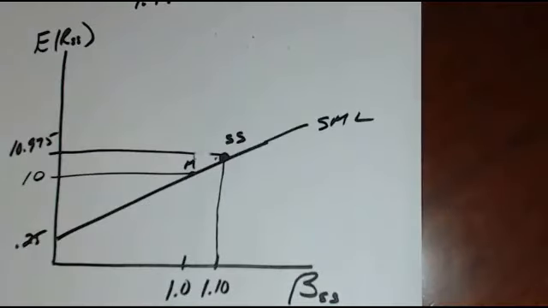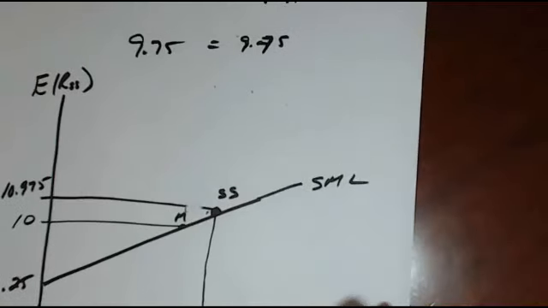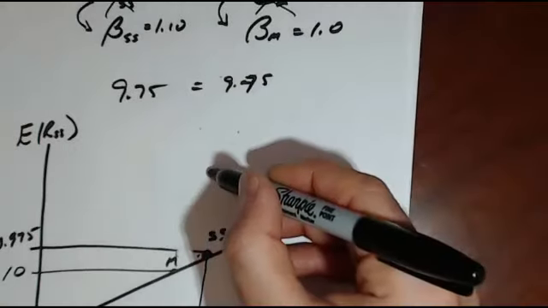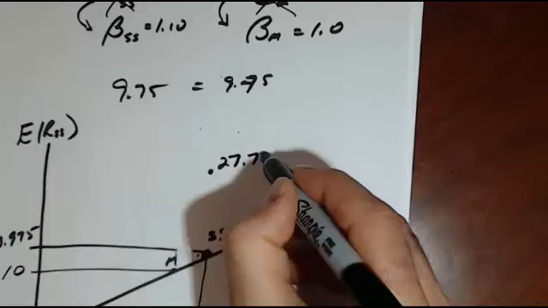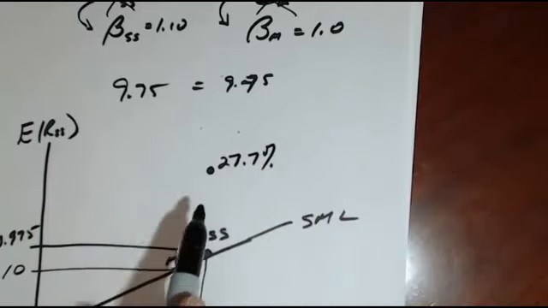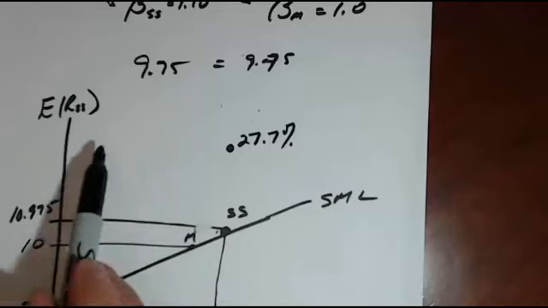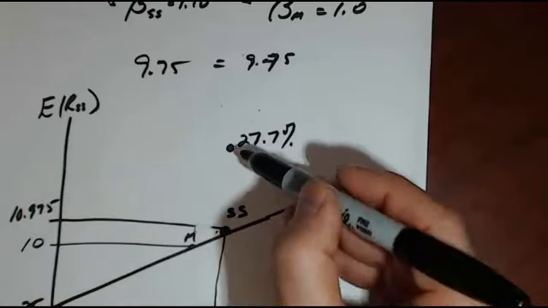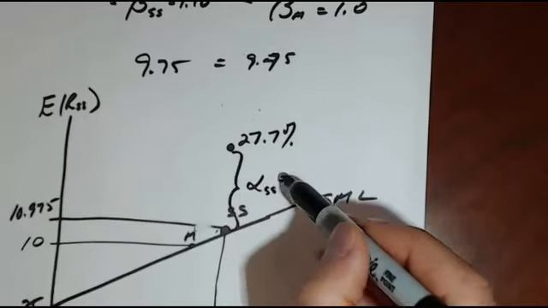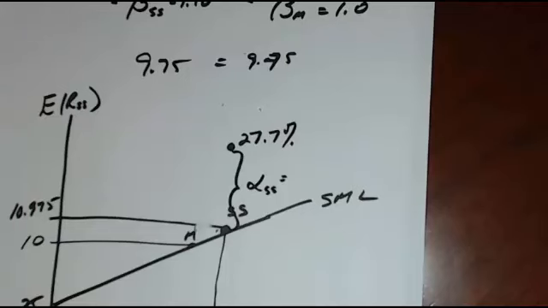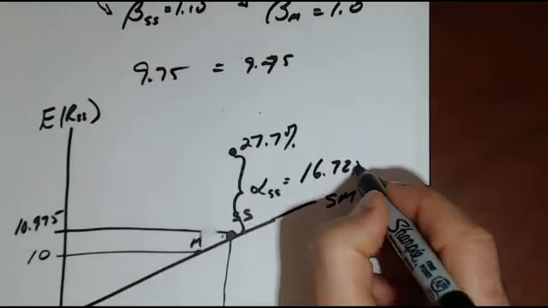Now, given its risk, we have an expected return of 27.7%. Holy mackerel, it's way up here. In fact, it's off the scale, so I'm kind of forcing it in this graph. But what I'm saying is this difference right here is going to be the alpha of Shake Shack. That's 27.7 minus 10.975, so the alpha is 16.725%.